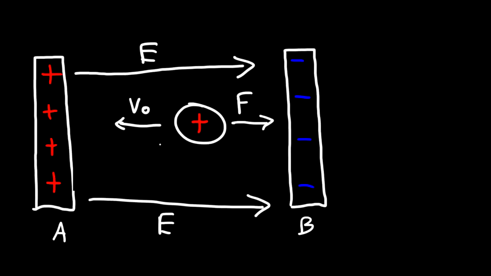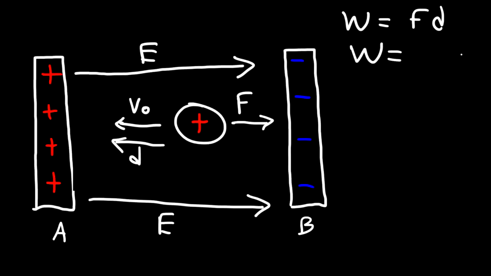And so right now, the charge has a displacement vector to the left, but the force is towards the right. And so because the force and the displacement vector are anti-parallel, or opposite, based on this equation, work equals force times displacement, the work done on this charge by the electric field is negative.